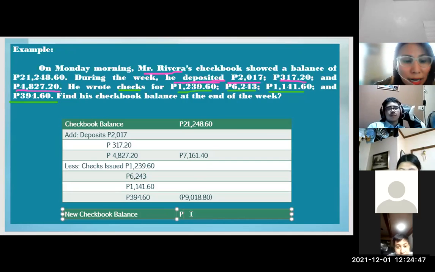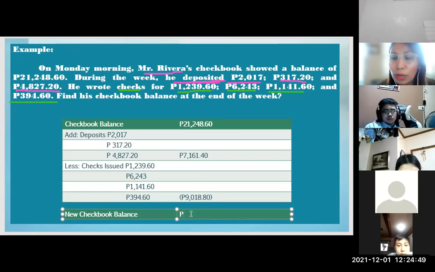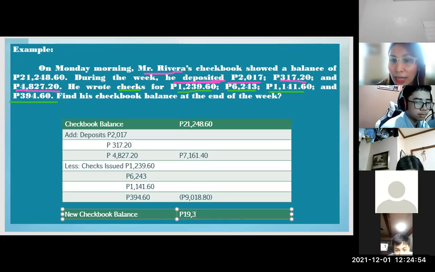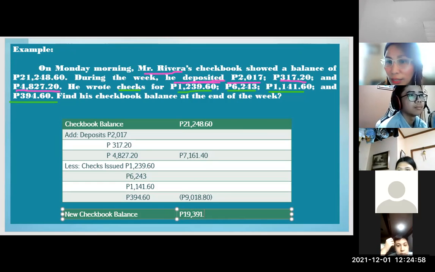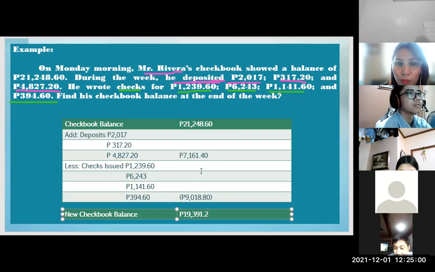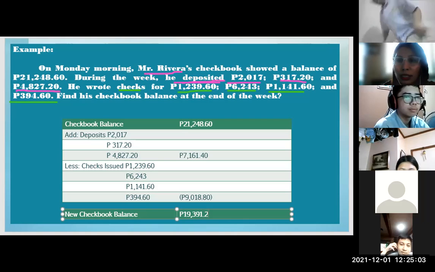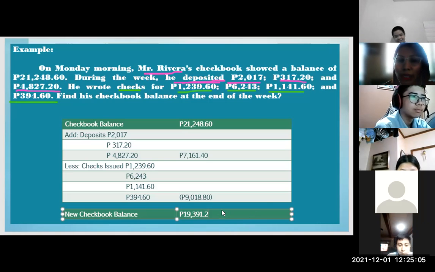Sige, it's okay, Miel. So, the correct answer for this one is 19,391.20. Ayan po, nagkapare-parehas na. Ayan, na-disconnect na si Miel. So, this is the new checkbook balance.